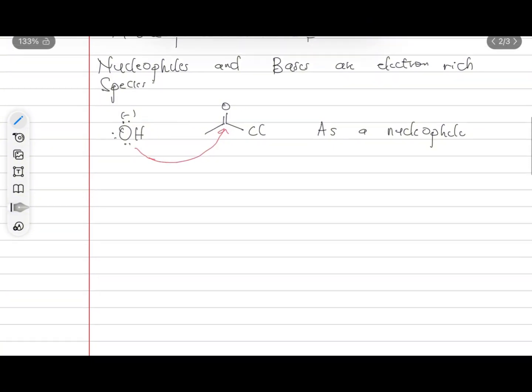Then, in a situation whereby the hydroxyl ion picks a proton, let's take this tertiary alkyl halide.